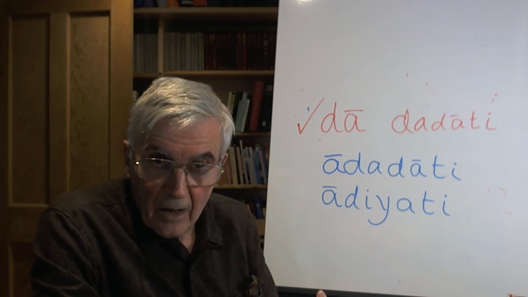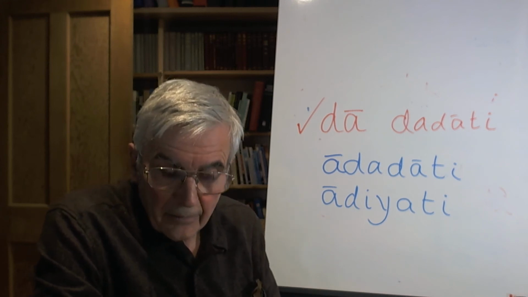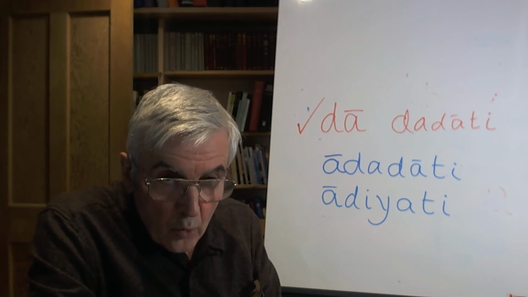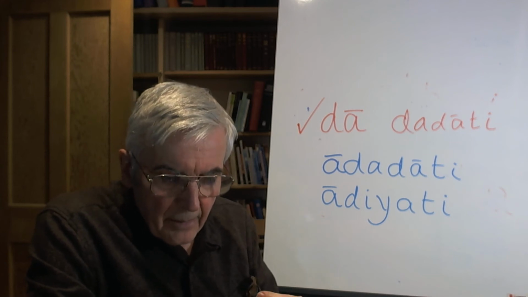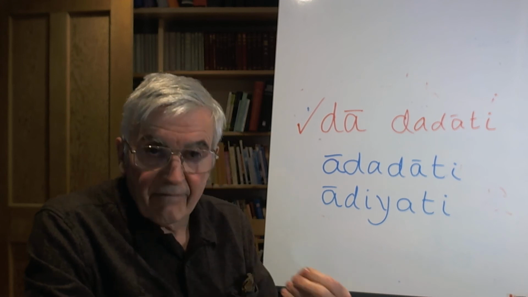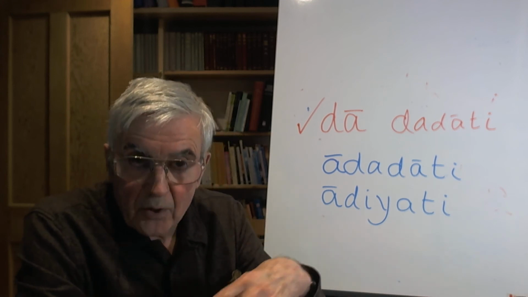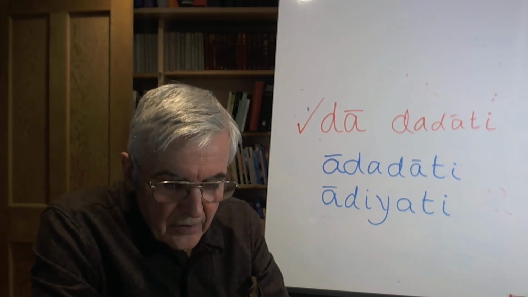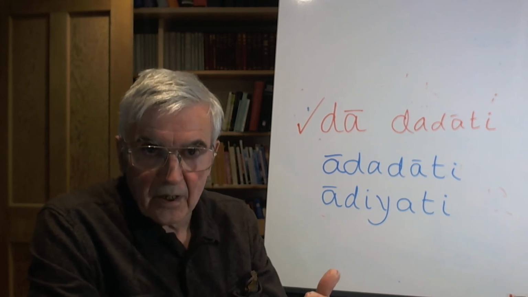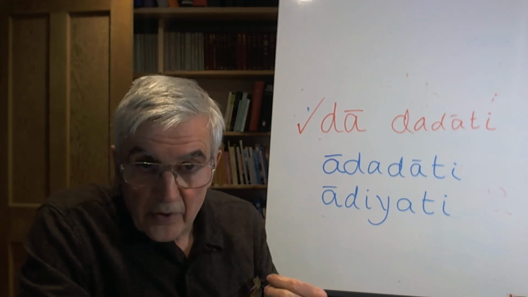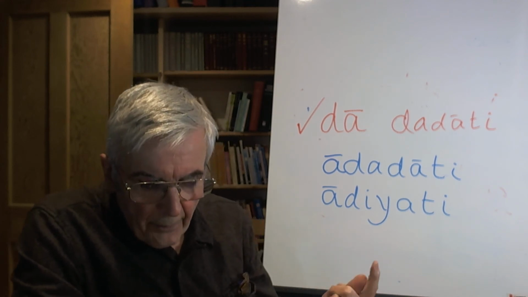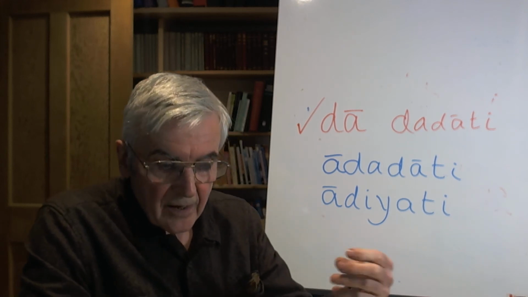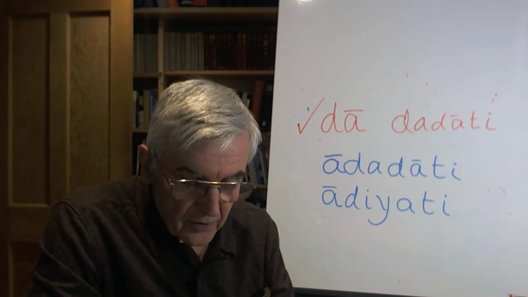Sakunam, a bird. Sarena, with an arrow. Sakuno, the bird. Patati, falls. Avatasmim, in a pit or into a pit. Rukkhamha, out of a tree. So the man shoots a bird with an arrow, and the bird falls rukkhamha, out of a tree, avatasmim, into a pit.